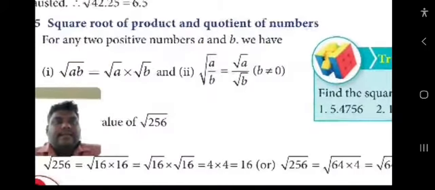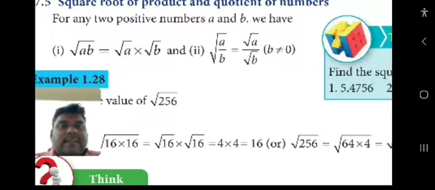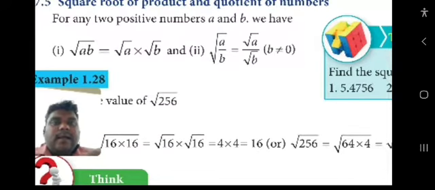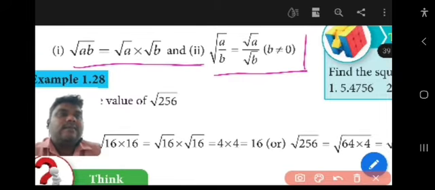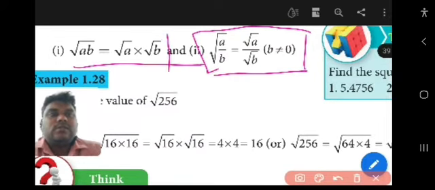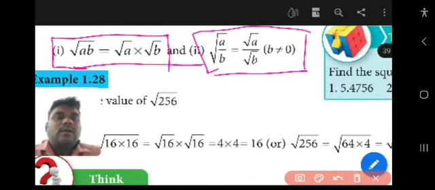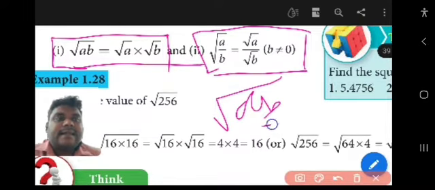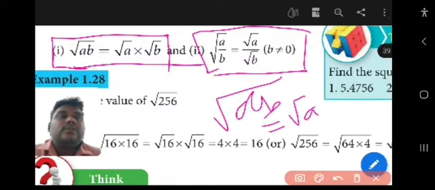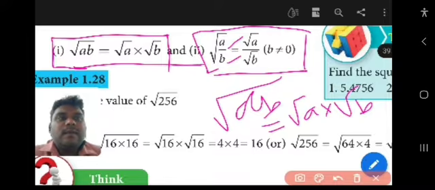So next, important results. These results are very important, and may be asked in 1 mark also. So root of a into b can be written as root a into root b. Root a by b is also written as root a by root b.